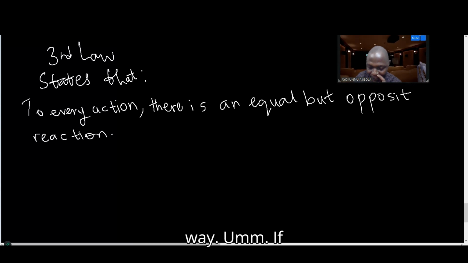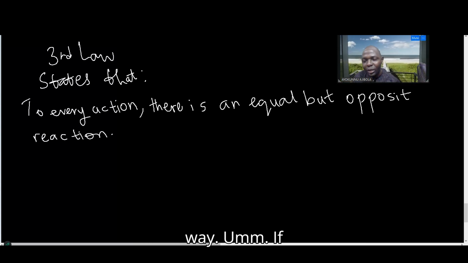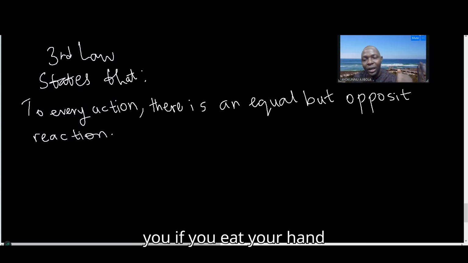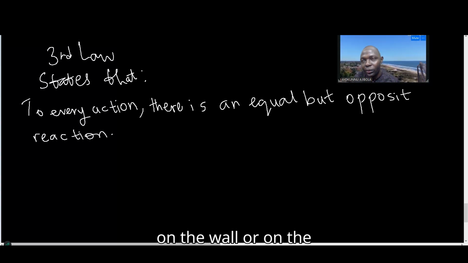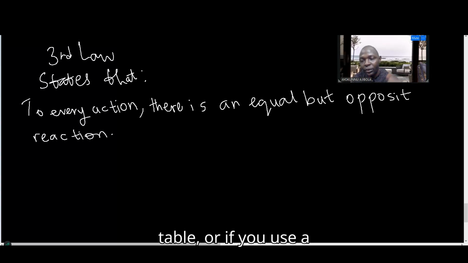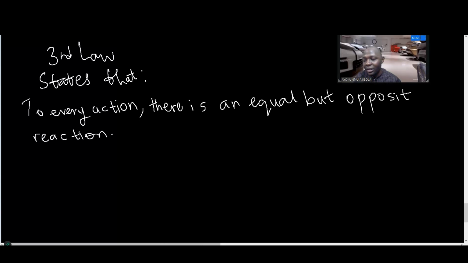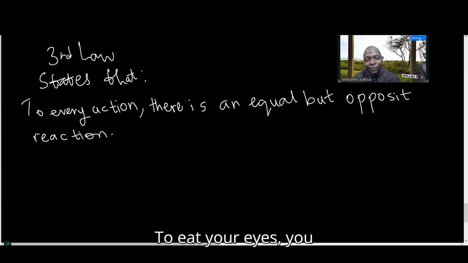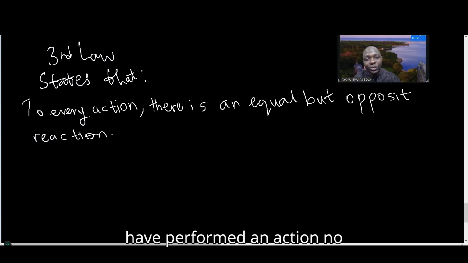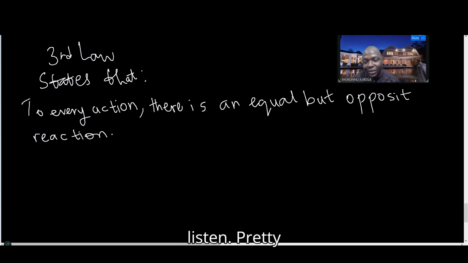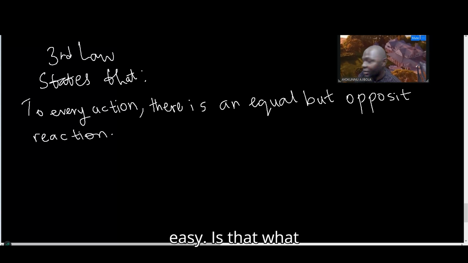Let me put it this way. If you hit your hand on the wall or on the table, or if you use a ruler to hit your hand, you have performed an action.